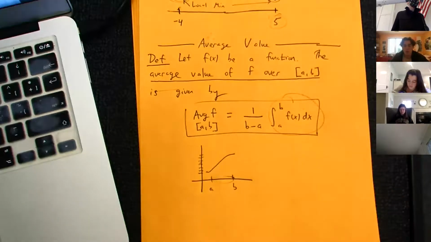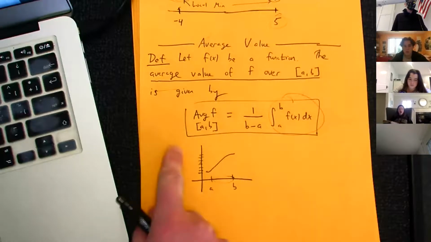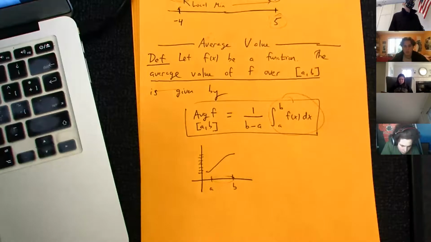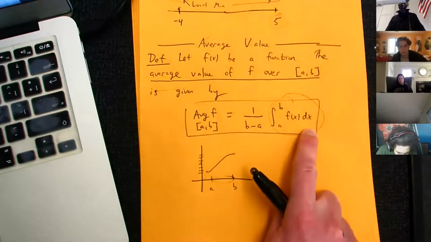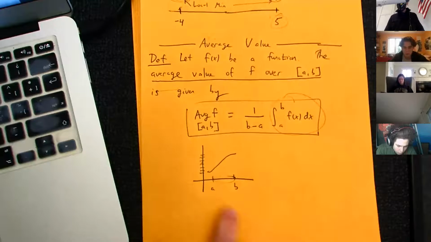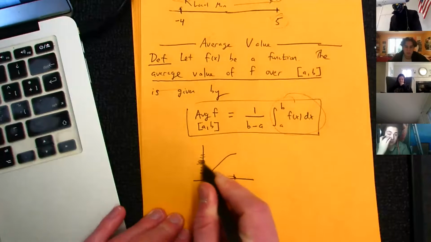Explaining exactly why this formula computes some kind of average value is kind of a long story. It's a little bit complicated, and I just won't get into it. I'll just ask you to have a little bit of faith that this thing actually does give you, in some sense, the typical value of the function during this time. If you computed the average value for this function over this interval, it would presumably give you something around here.